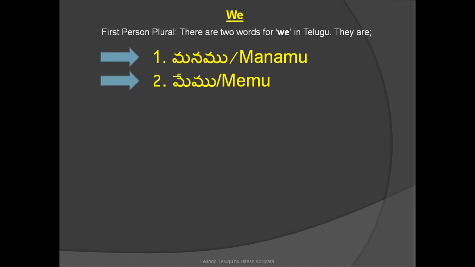But now comes the question. When should we use which word? When can we use manamu and when can we use memu? Let us see the usage one by one. Let us see first about manamu.